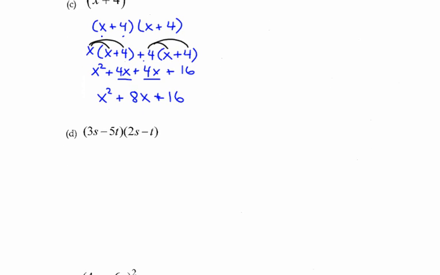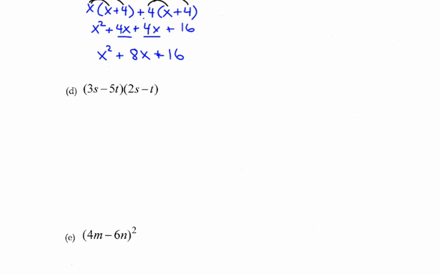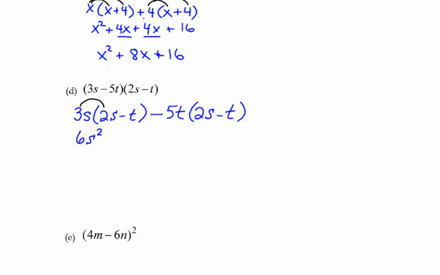so let's try this guy. So distributive law, I'm first going to make 3s times 2s minus t, and then the minus 5t times 2s minus t. Okay, so now we can distribute. 3s times 2s is 6s squared. 3s times negative t would be a negative 3st.